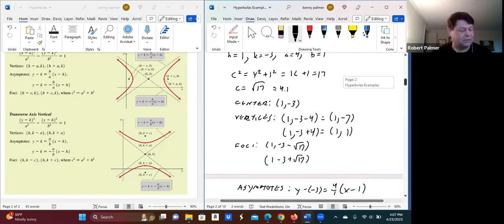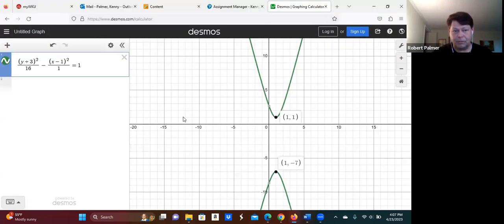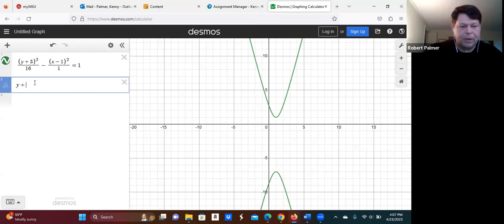All right. Our asymptotes, let's graph those. Let me write those down. Okay. And if we graph those, y plus 3 is equal to 4 times x minus 1.